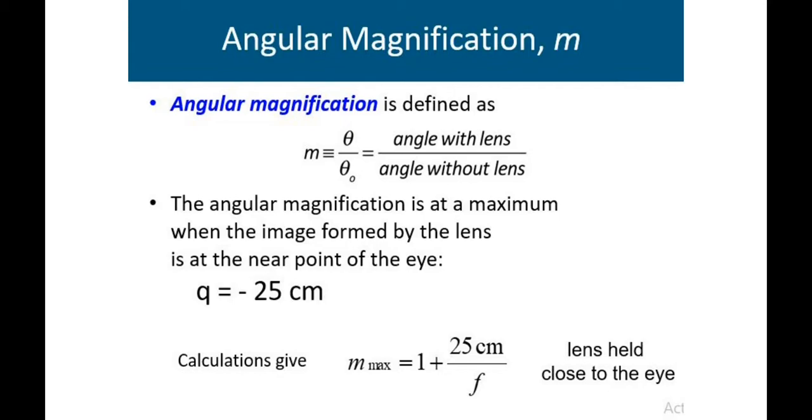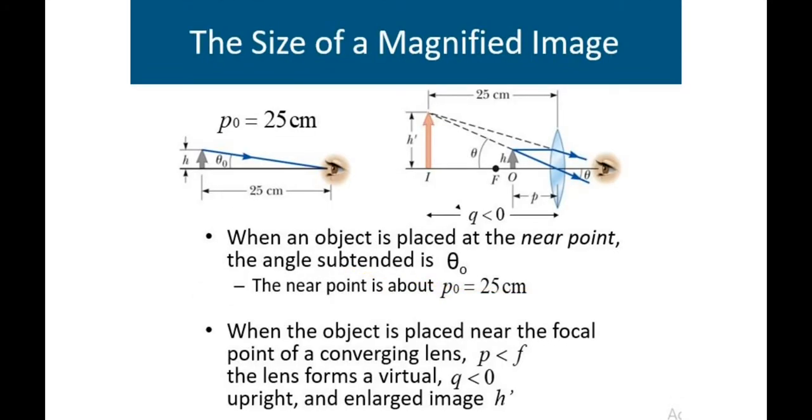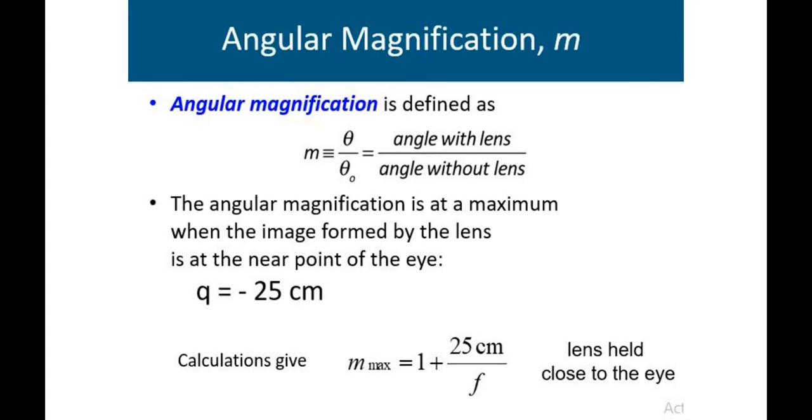We can talk about the angular magnification of the lens. It is the angle here, theta, and here the other angle, the visible angle. So it is again the angle with lens and the angle without lens.